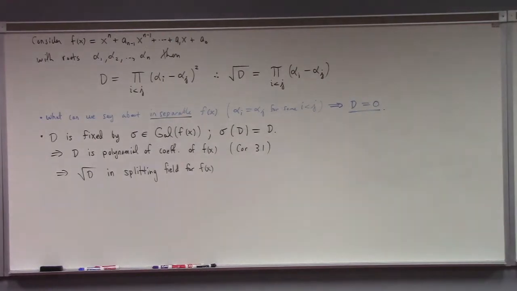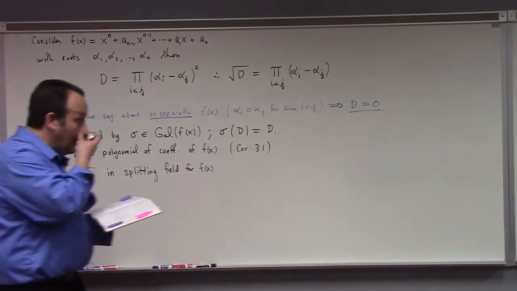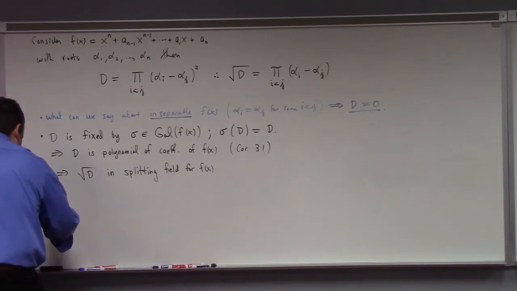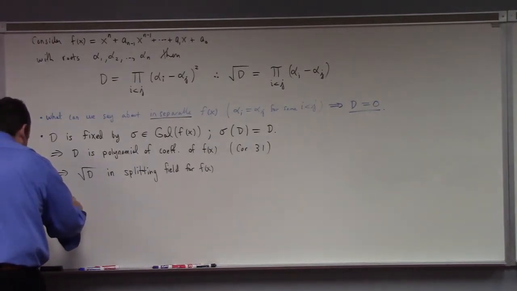All right. And then proposition 34, I think this is the end of our general discriminant theory.